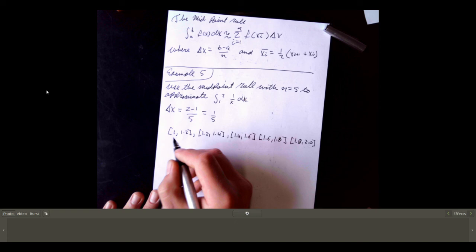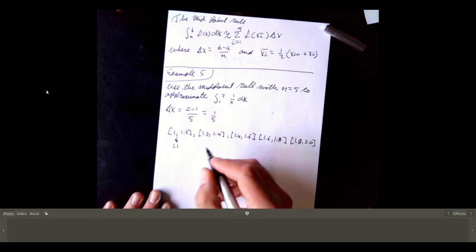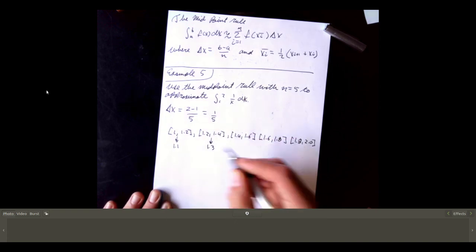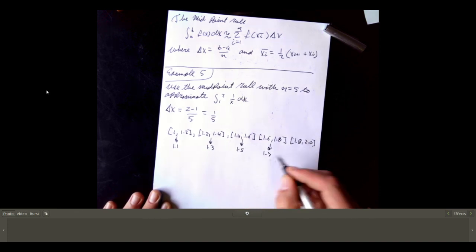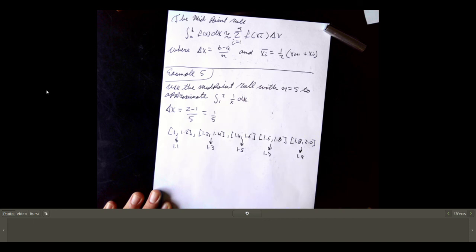The midpoint of each of these intervals: 1.1, 1.3, 1.5, 1.7, 1.9.